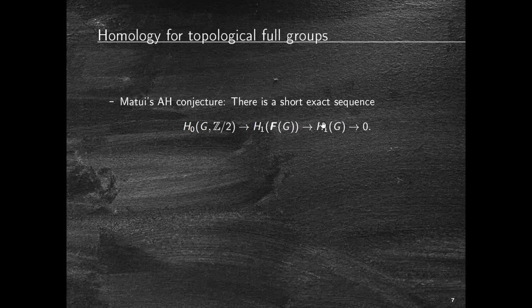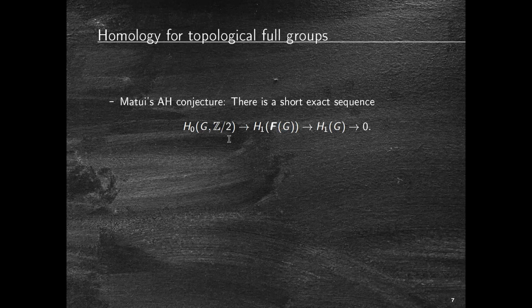He was able to make this precise only in low degree, but he conjectured that there should be an exact sequence of this form. So where you have H1 of the full group, and then it projects onto H1 of the groupoid, this groupoid homology. And the kernel should be somehow controlled by H0 of the groupoid, but with Z mod 2 coefficients.